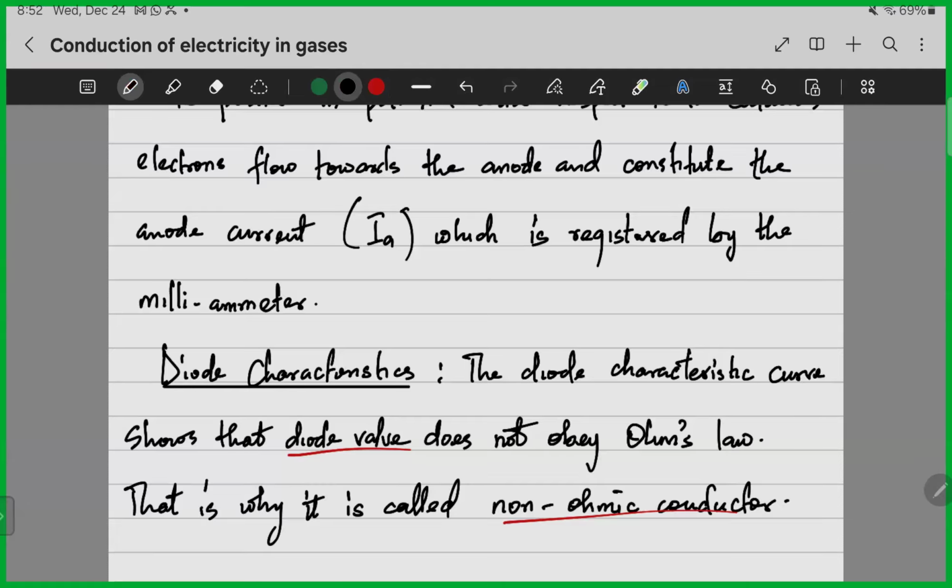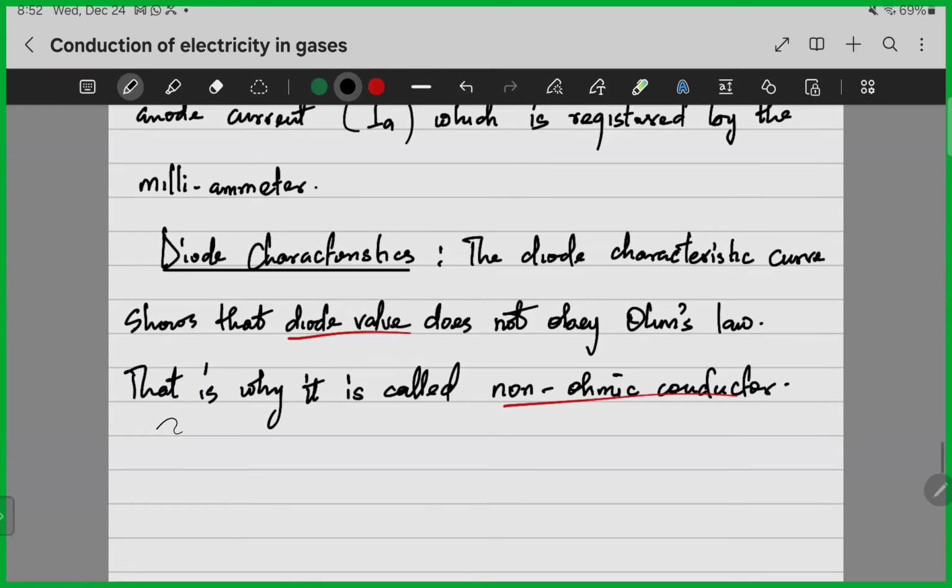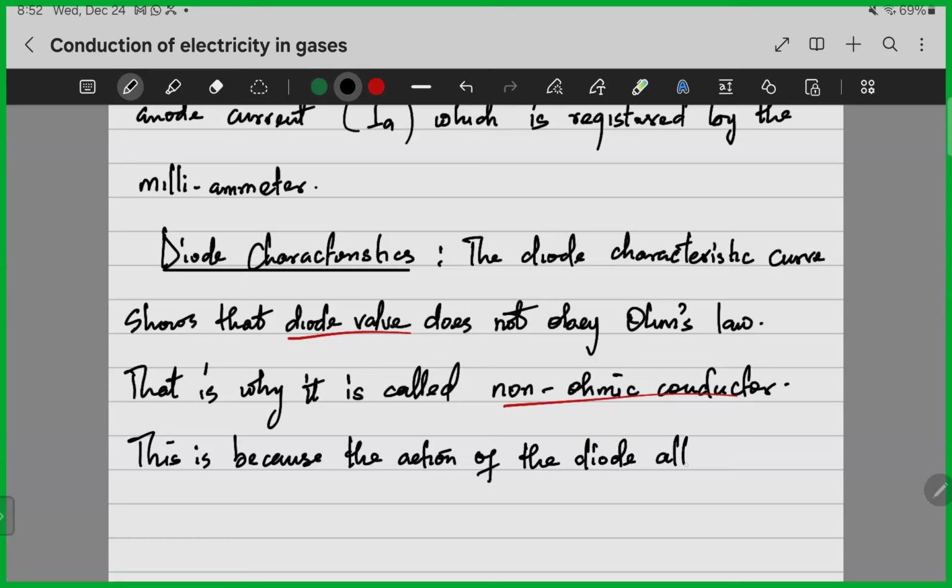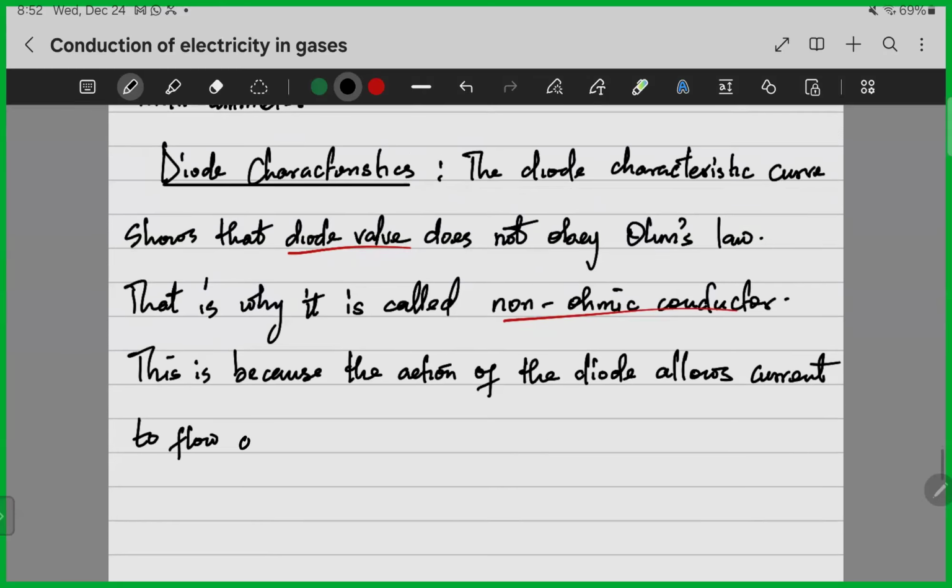Now, what is the idea? Because the action of the diode allows current to flow only in one direction.